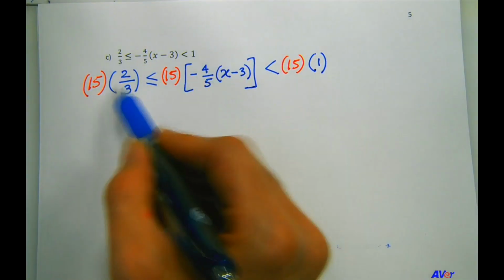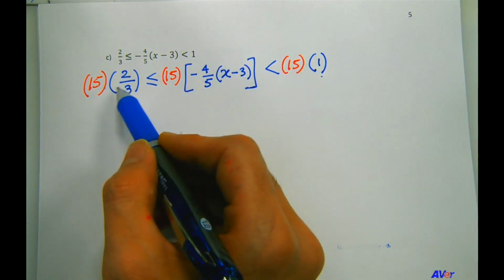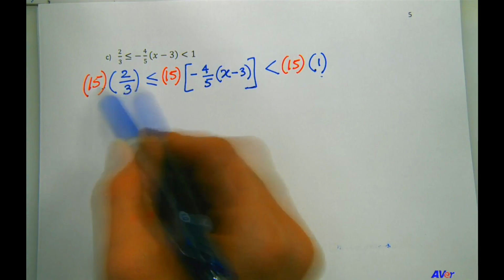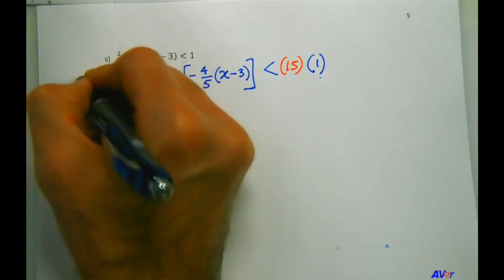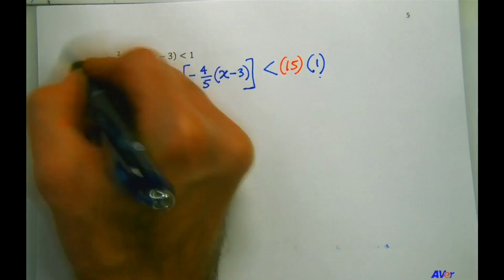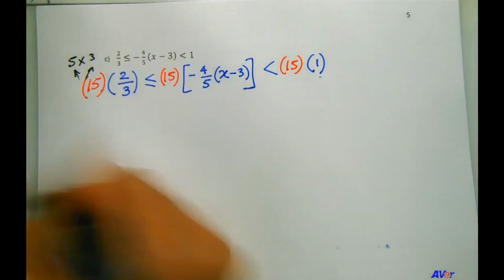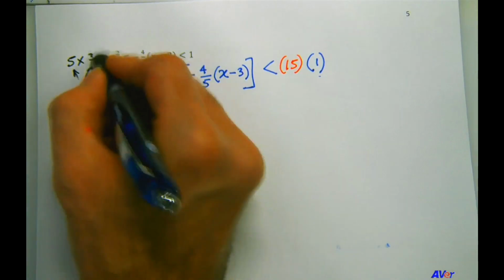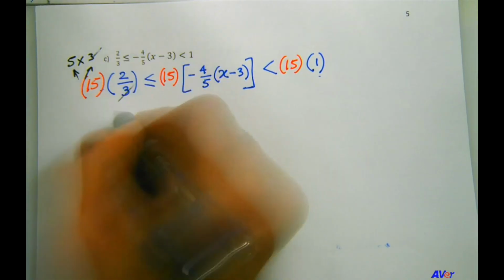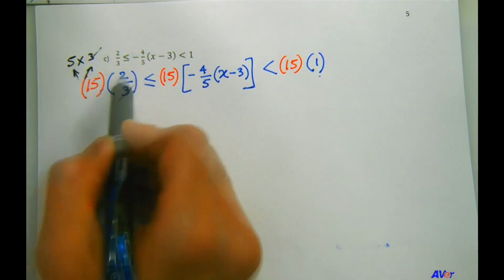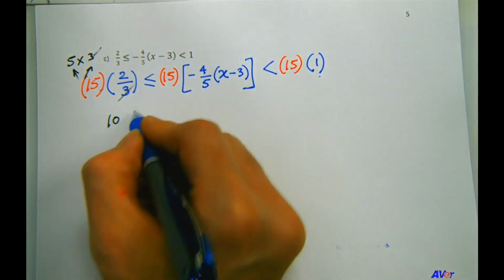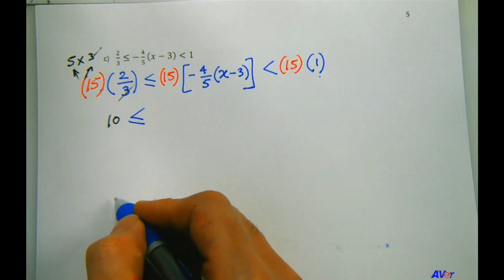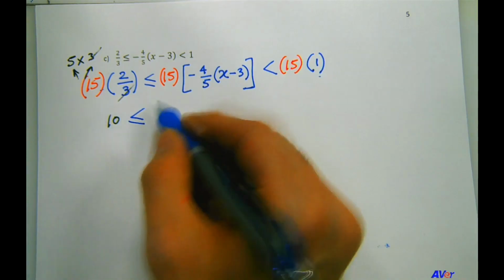And then on each side, left and right, it's already in distributed form, so we can simplify immediately. Okay, so what do we have here? We know that 15 has factors 5 times 3, and 3 and 3 can cancel out, so we end up with 5 times 2, or 10. Right? Then less than or equal to 15.